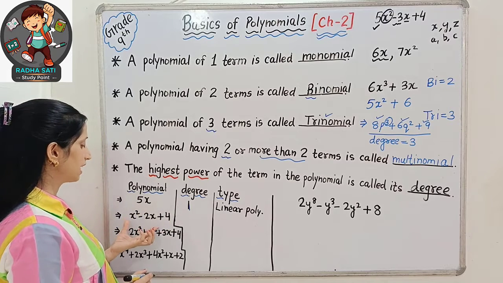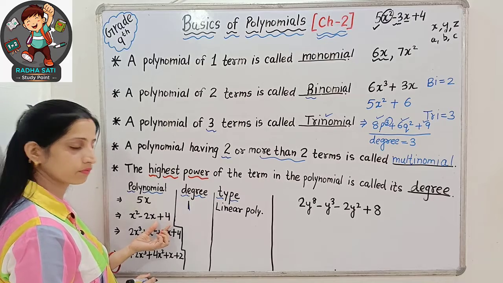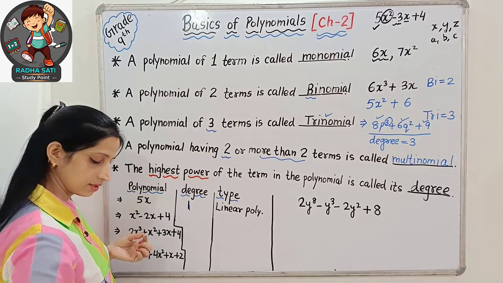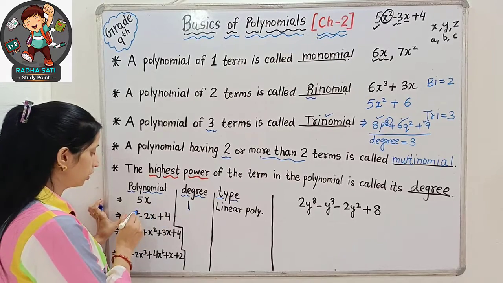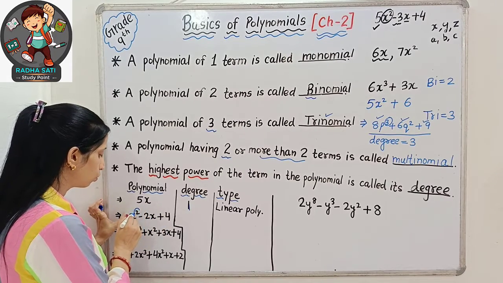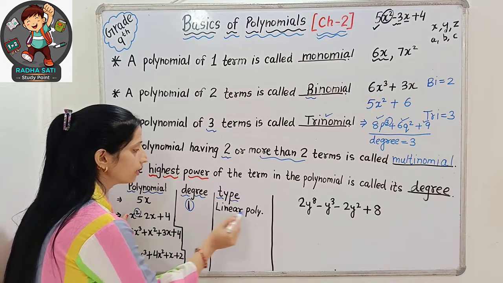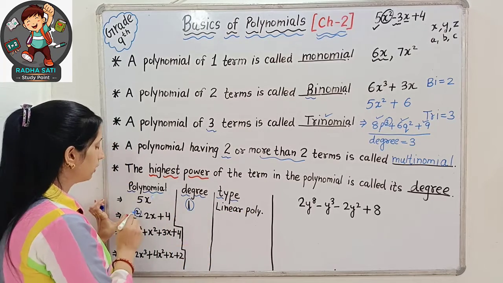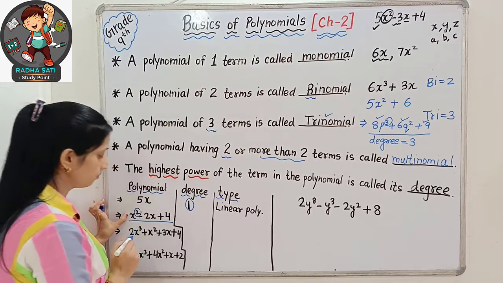Now second one, x square minus 2x plus 4. This means an algebraic expression in which the degree is 2. Whenever the degree is 1, we call it linear polynomial. Whenever the degree is 2, what is the degree of this polynomial?